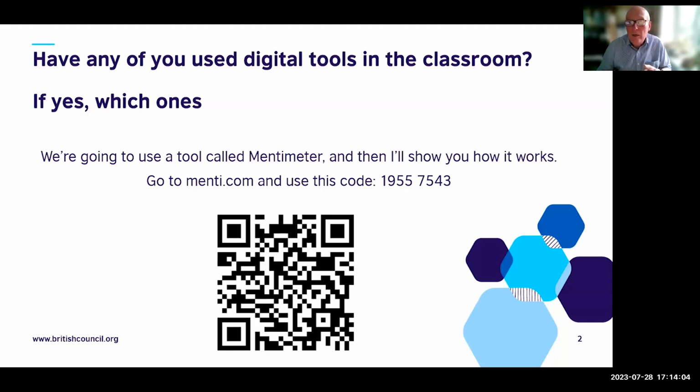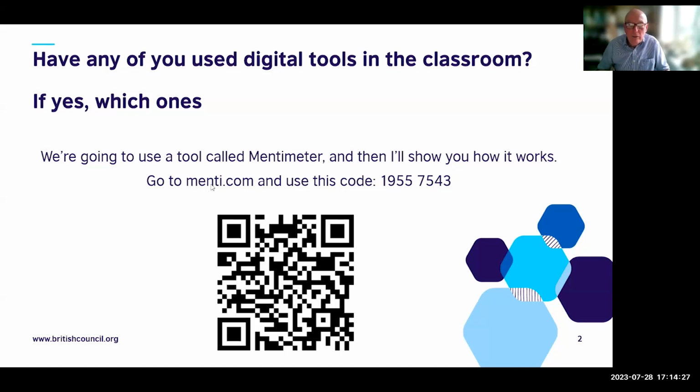I mentioned QR codes, and people were saying, well, what are they? Well, that's a QR code. One of the things that Menti produces when it produces its surveys and material is a QR code. You need a mobile phone and a QR code reader to be able to access that. But you don't have to do it like that.